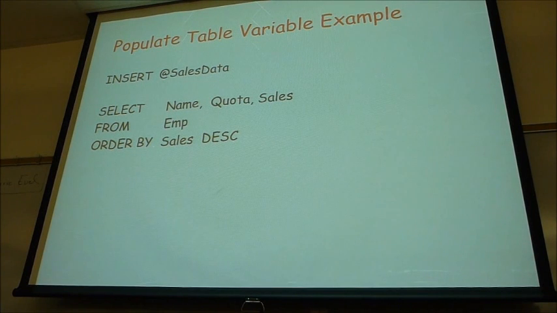Why can we not use the select into for a table? You can't populate a table variable with a select into. Remember, when we do a select into statement, what you're really doing is creating another permanent table, and you're getting that data from another existing table.